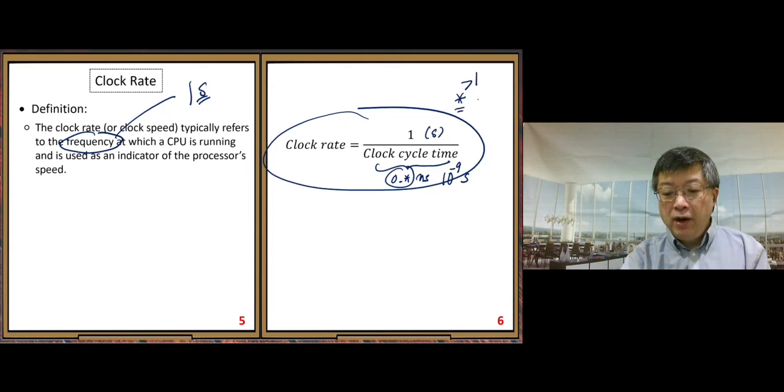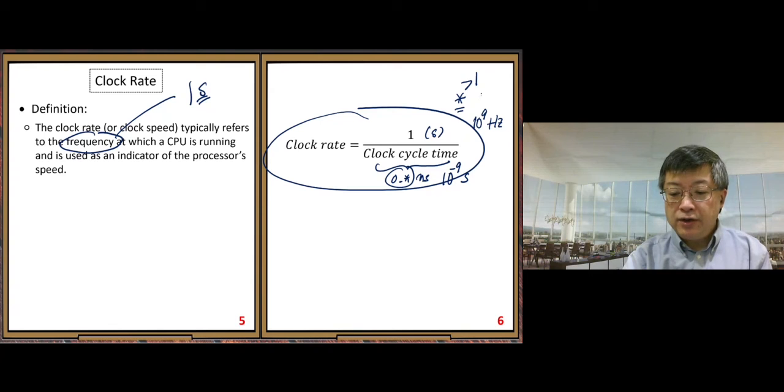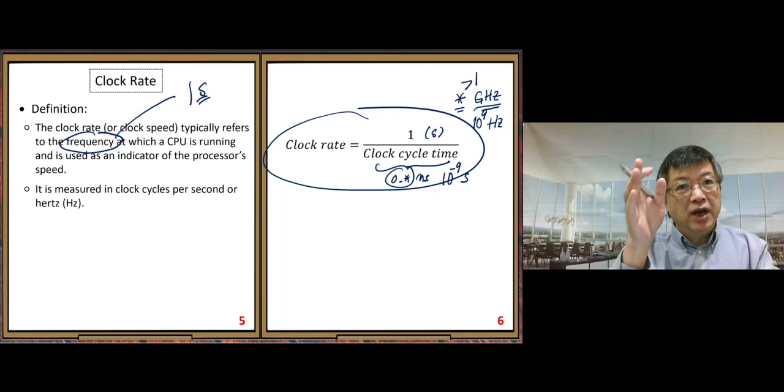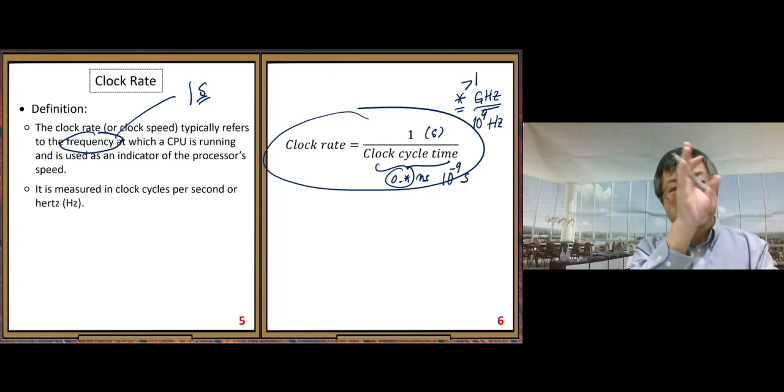That number is in gigahertz, because the unit is hertz, the number of times per second, and giga is 10 to the 9th, GHz. So it is measured in clock cycles per second, or hertz, but that number is usually really big, so people use gigahertz.